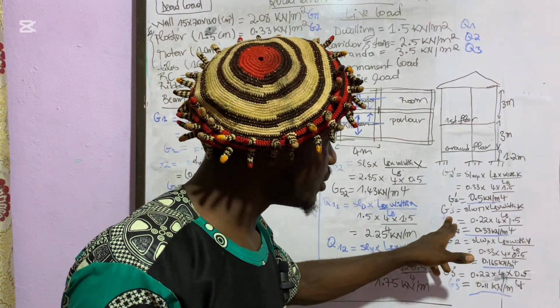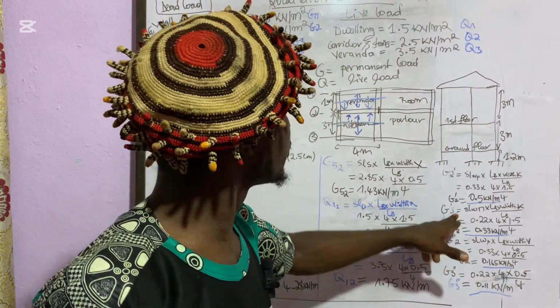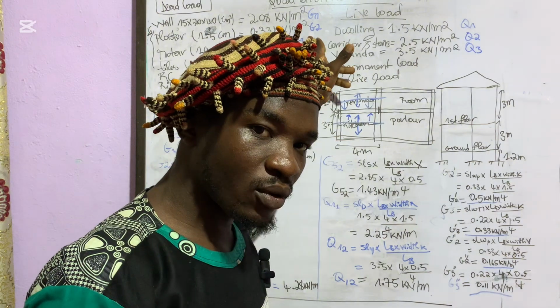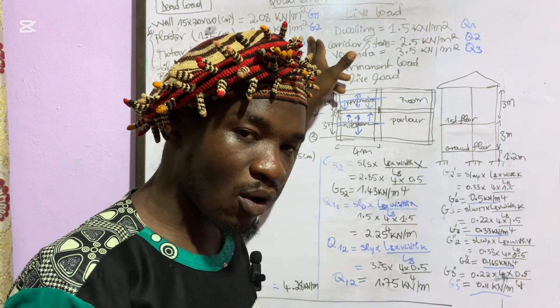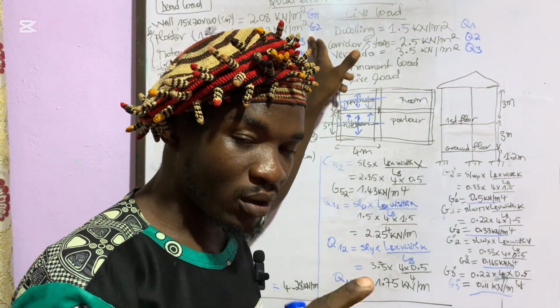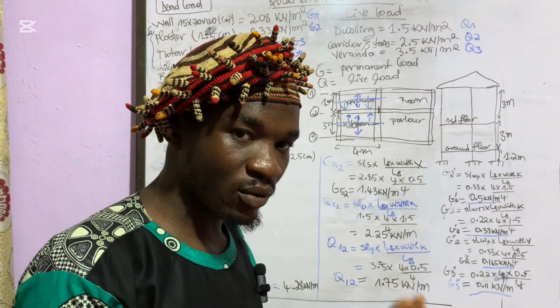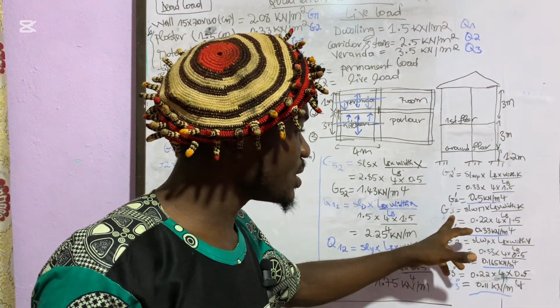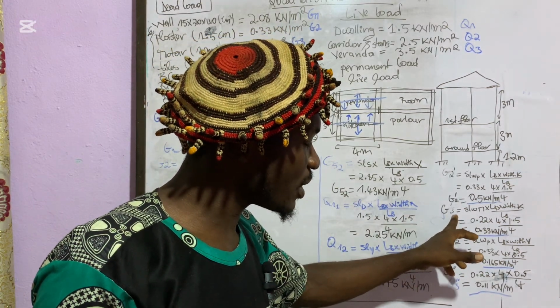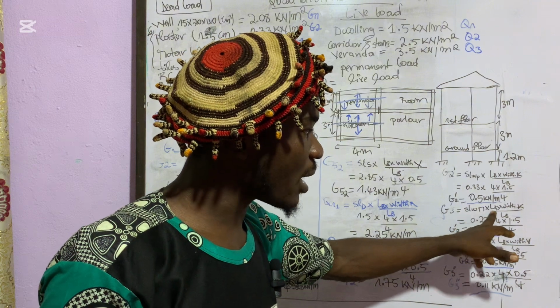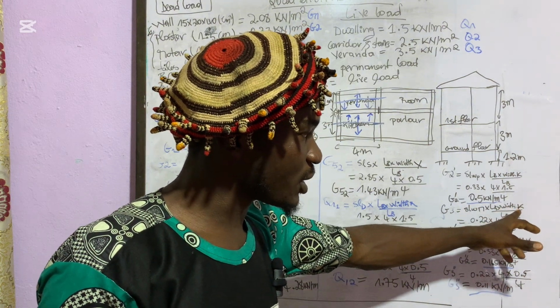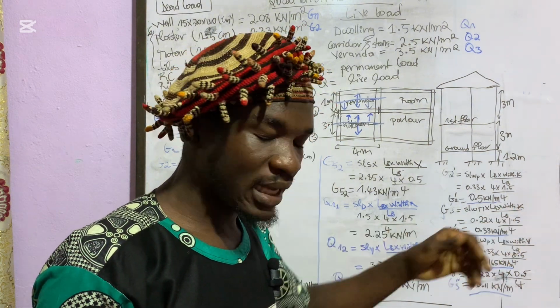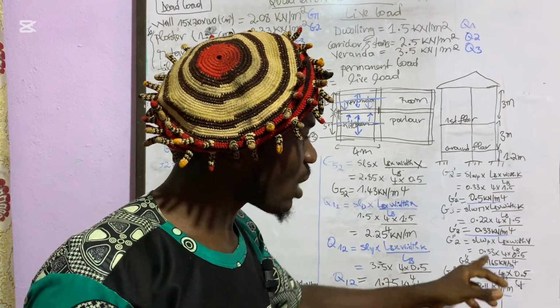So now G3 prime, okay, which represents the permanent load of the mortar applied on what? On your slab again. All the primes here are for the slab, the load applied on the slab. So this G3 prime here is the self weight of the mortar times length of the beam times width of the kitchen, divided by length of the beam. This one is for mortar.